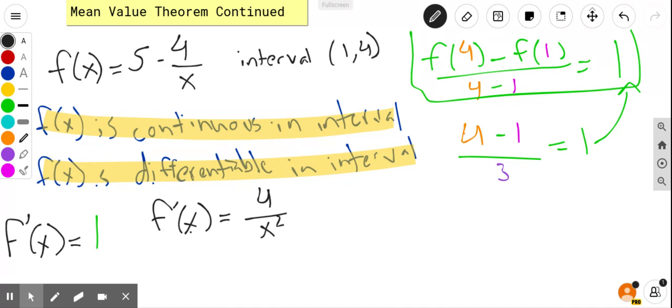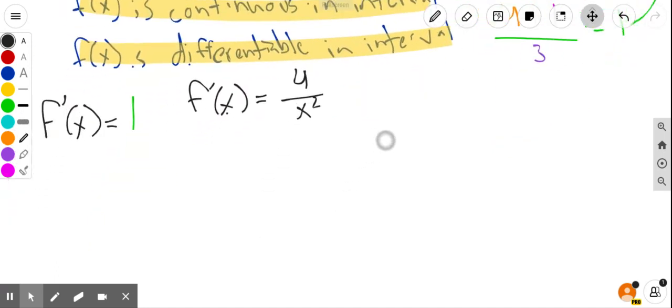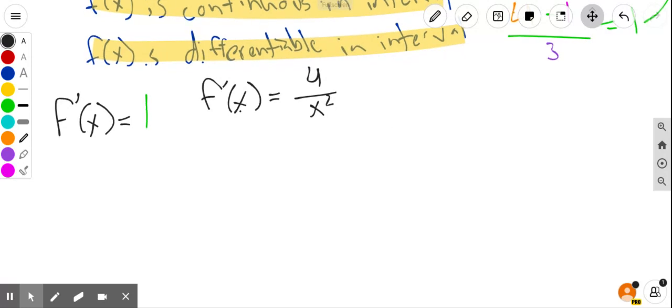All right. So now just doing a little bit of substitution, f prime of x should equal 1, so that means that 4 over x squared should equal 1. I do a little solving.